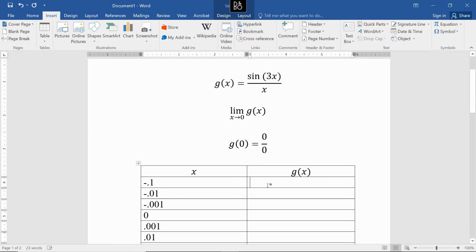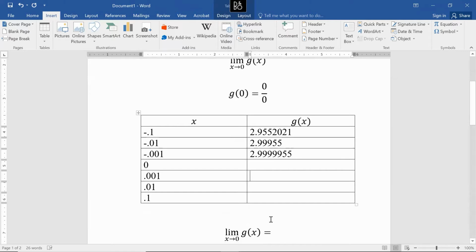So anyways, plugging in -0.1 gives me 2.955, et cetera. Plugging in -0.01, I get 2.99955, et cetera. I'm not going to round it to any more than that because that's what my calculator is currently rounding it to. For 0.001, we get 2 point, lots of nines, and then a couple of fives.